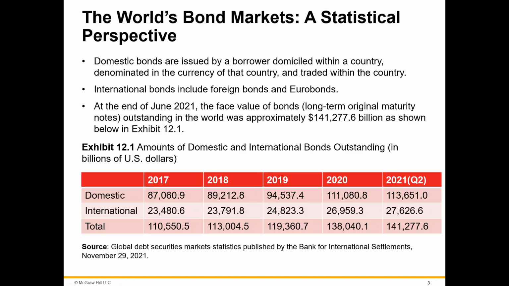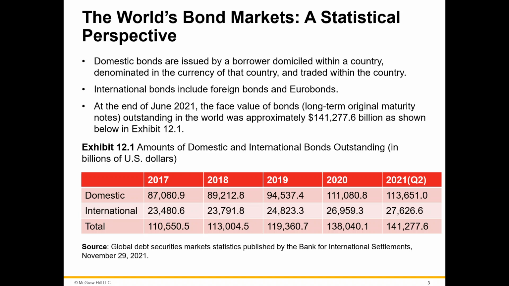Obviously the U.S. is a huge issuer of domestic bonds, and so the fact that maybe in Luxembourg they might have a higher fraction of international bond issuance, that's going to be tough for them to make a dent relative to the United States because they're so much smaller, right? So the domestic bond market is quite a bit larger than the international bond market, right?